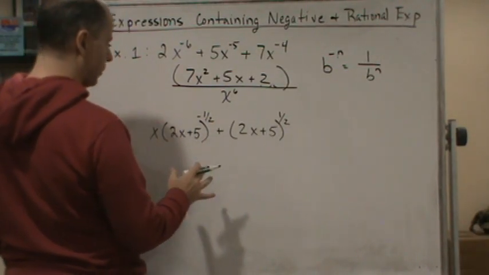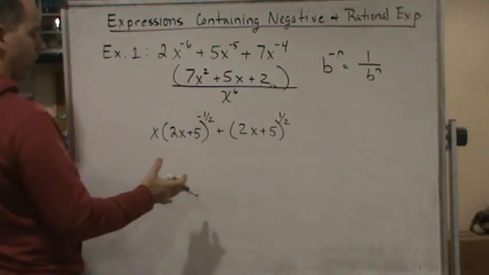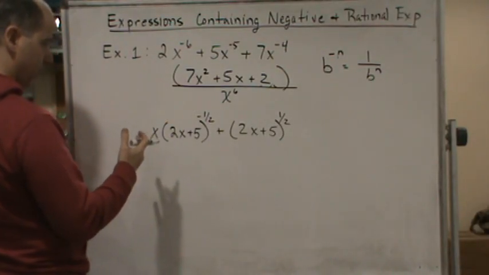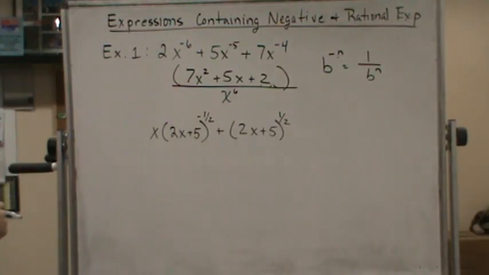So if we factor out 2x plus 5 to the 1/2, what do we get? Well, we get 2x plus 5 to the 1/2 power, right? But what's that going to leave over?